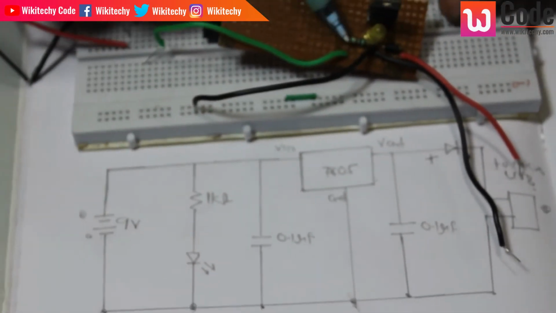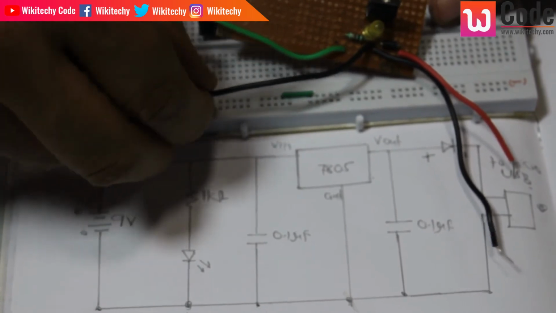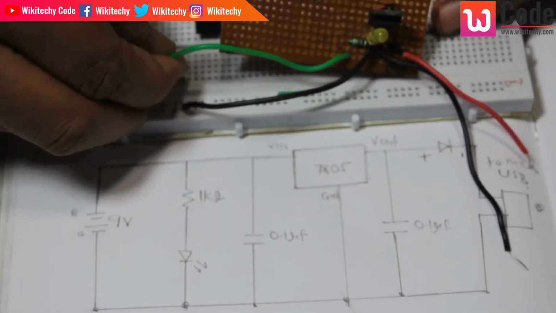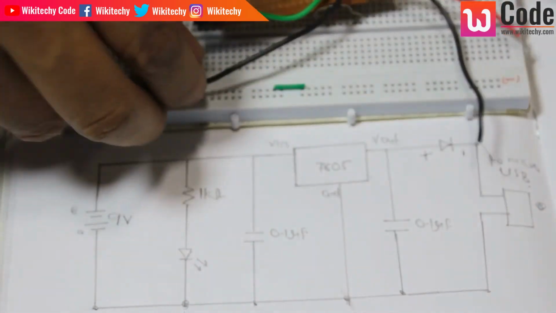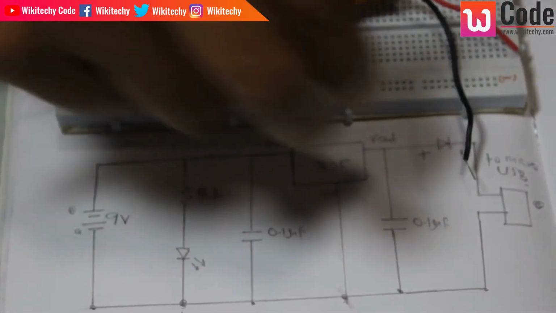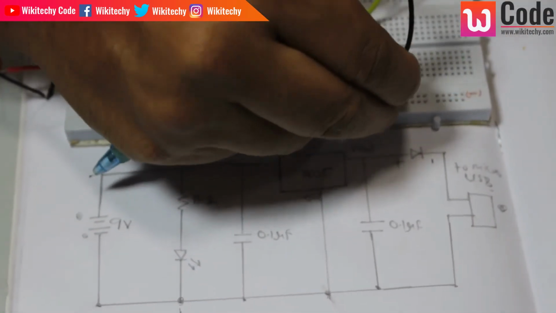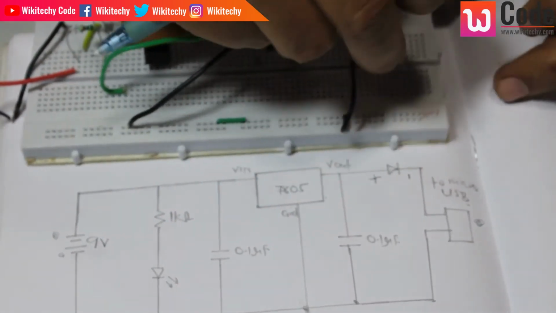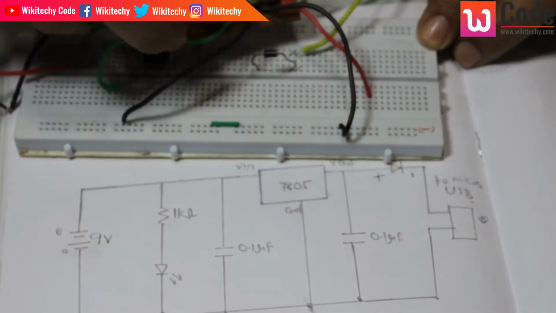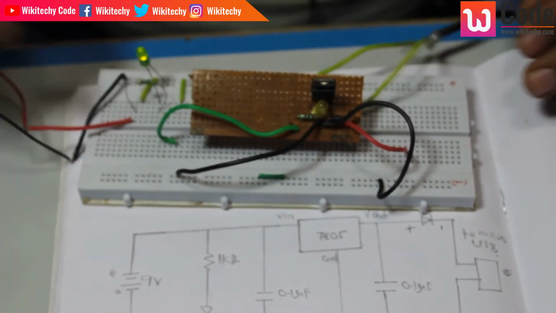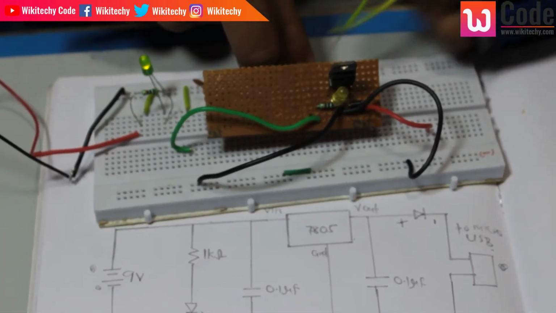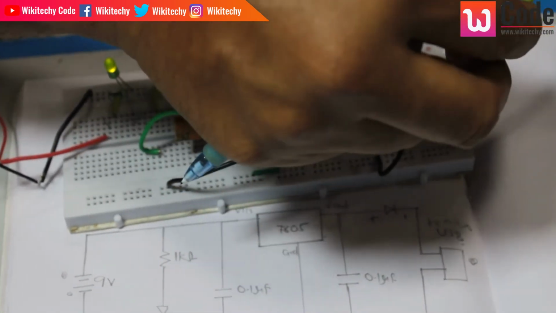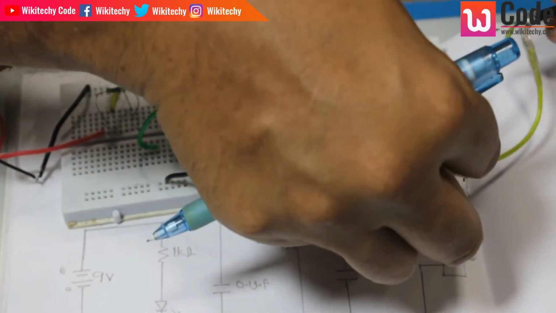So you got the resistor. So ground it, positive terminal. Okay, so ground it and positive terminal. This one is ground and this one is positive terminal. Okay, so I got my circuit here. Okay, so I'll remove this one. This one needs to be ground.